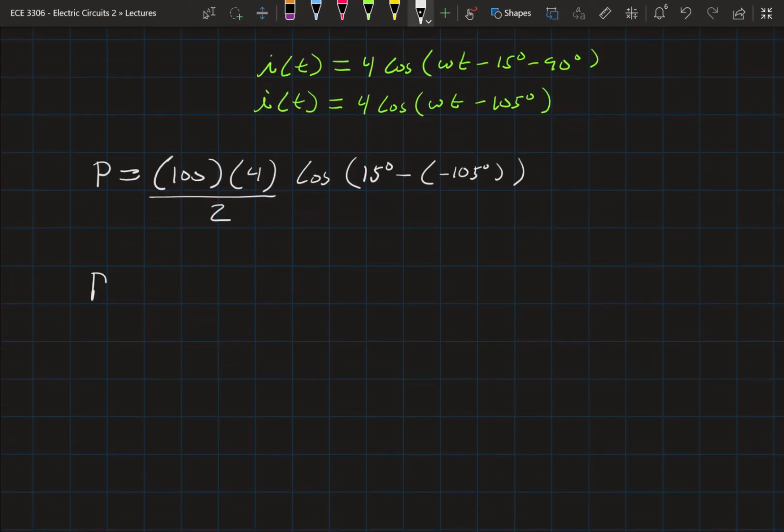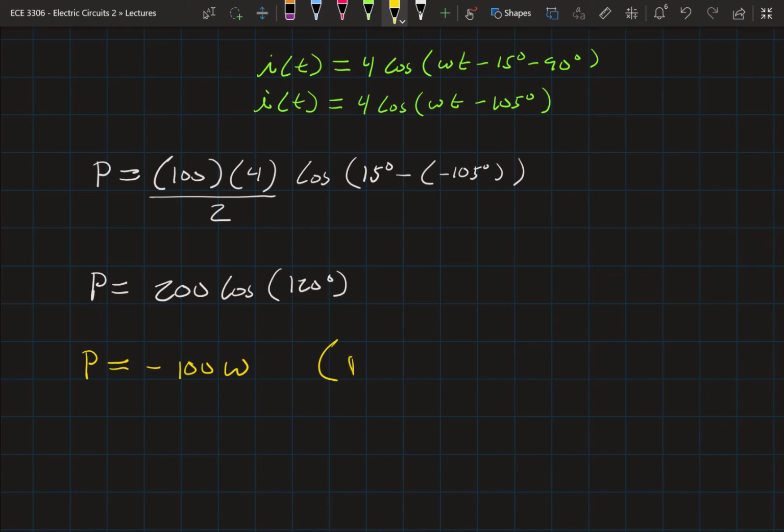A little bit of quick simplification: 100 times 4 divided by 2 is 200, times the cosine of 15 minus negative 105, which is 120 degrees. So from there, we find that our power is equal to minus 100 watts. And since it's negative, the power dissipated is negative, so we know that it's delivering that average power.